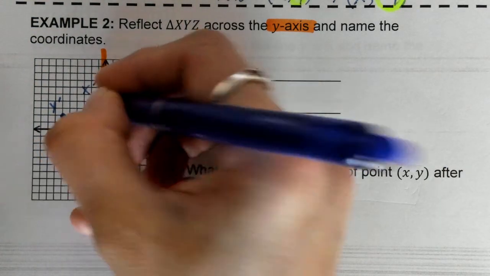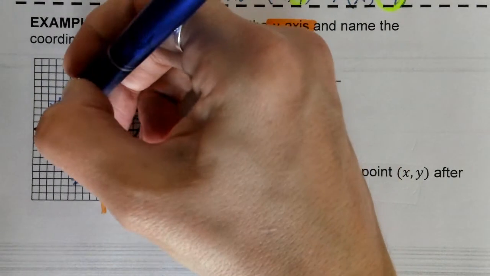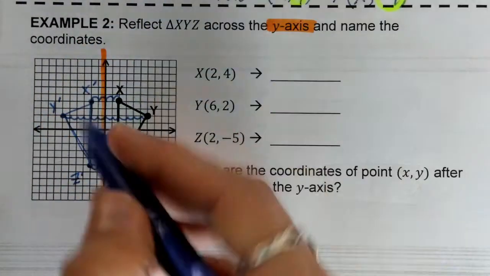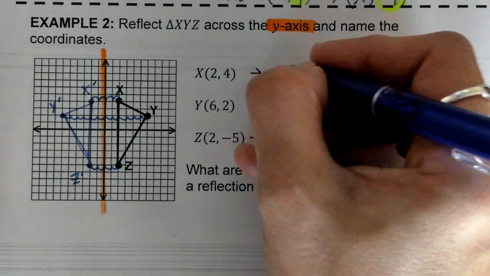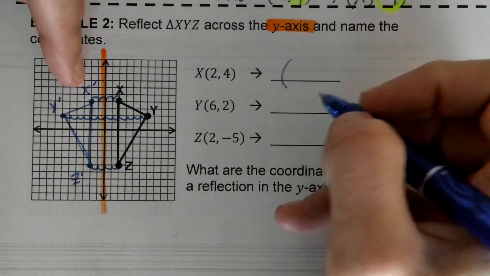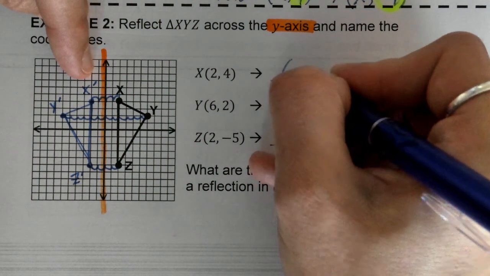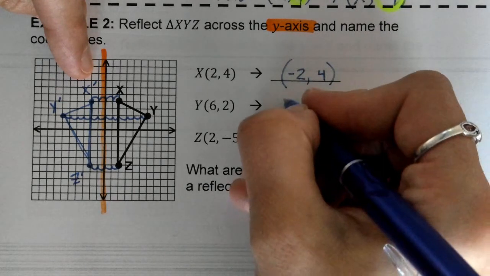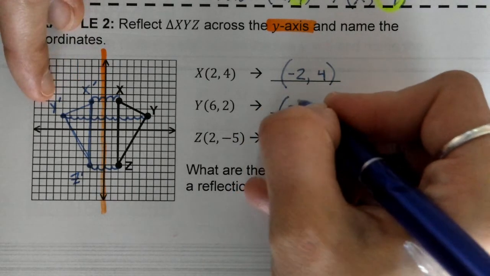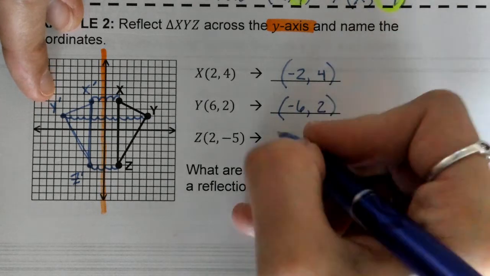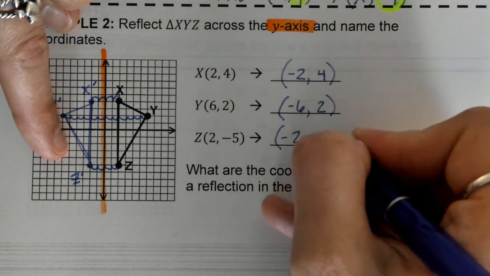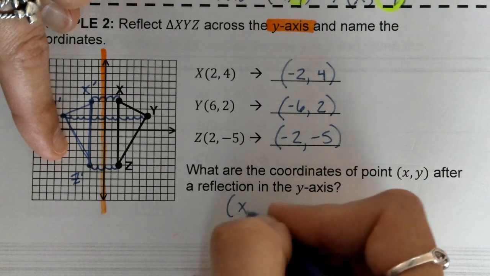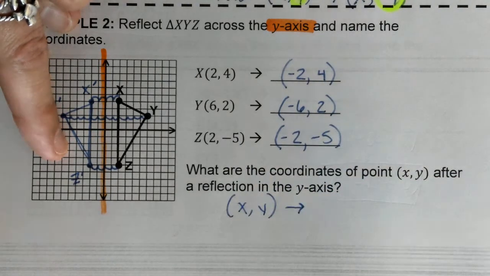Connect these together. We should have a perfect reflection where if I fold my paper over that line of reflection, they should lay right on top of each other perfectly. Here we're going to find out that our coordinates of x prime are going to be -2, +4. Y prime are going to be -6, +2. And z prime are going to be -2, -5. Again, we're going to see that difference for our rule.